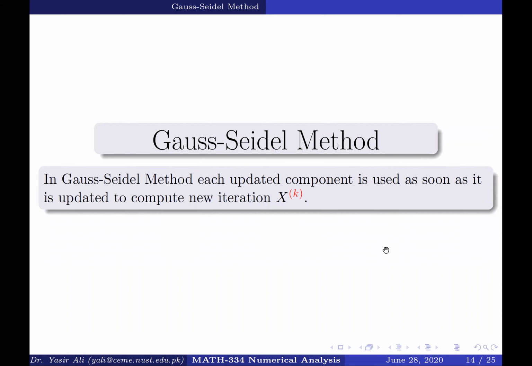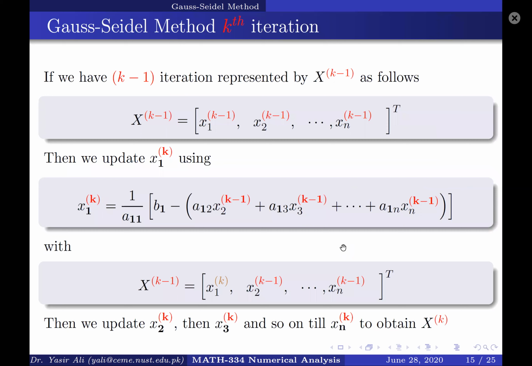So what is the Gauss-Seidel method? Gauss-Seidel is a bit more technical method in which we use each updated component as soon as it is updated to find the new iteration. So we use each updated component as soon as it is computed. Let's see what we mean by it. Let's say this is the k minus 1 iteration in which each component is represented by this.